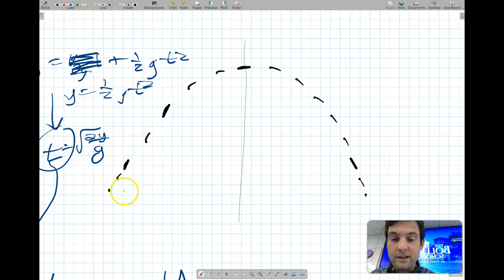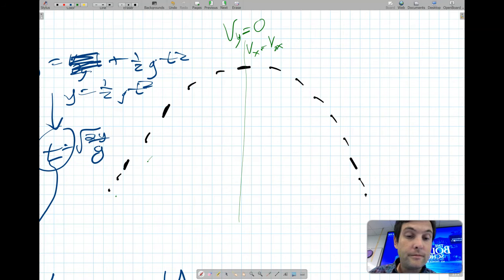Let's say we need to find the time the object is in the air, the time the punt is in the air, the hang time. As the ball is traveling, at the very top I know my velocity in the y direction equals 0, and my velocity in the x direction equals v naught x. Then I solve for time up at the top. That time is only half of the time. We need to double it, because that's the total time it was in the air.